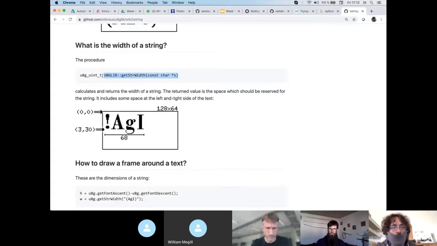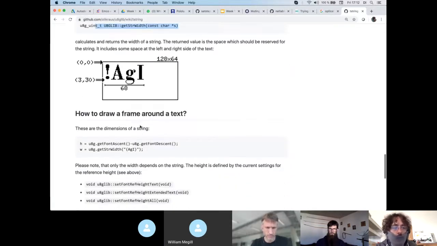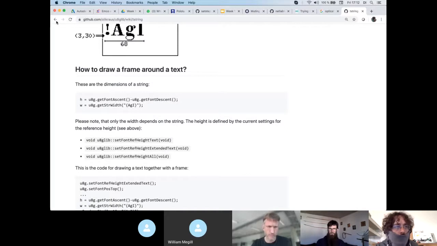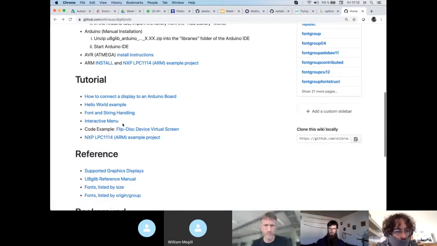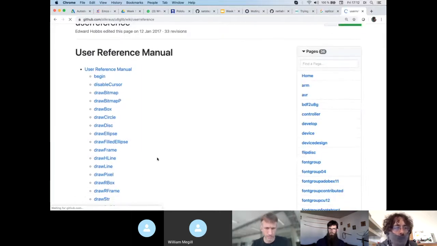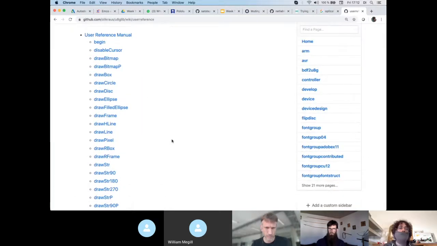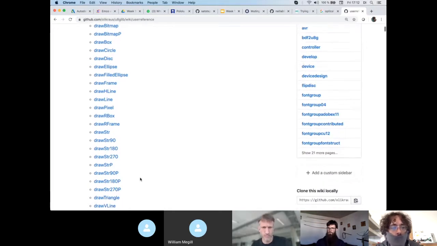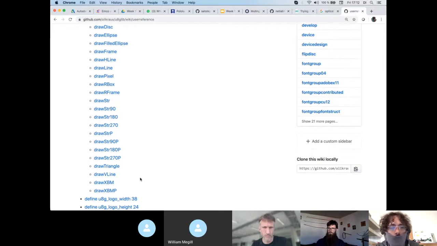You can even define the width of a string and so on. Let me check if I can find some graphics example. Here there is the reference manual. Look, you have these nice primitives like draw box, draw circle, draw disk, ellipse, frame, lines, pixels, and so on. So you can have your own graphics on it.